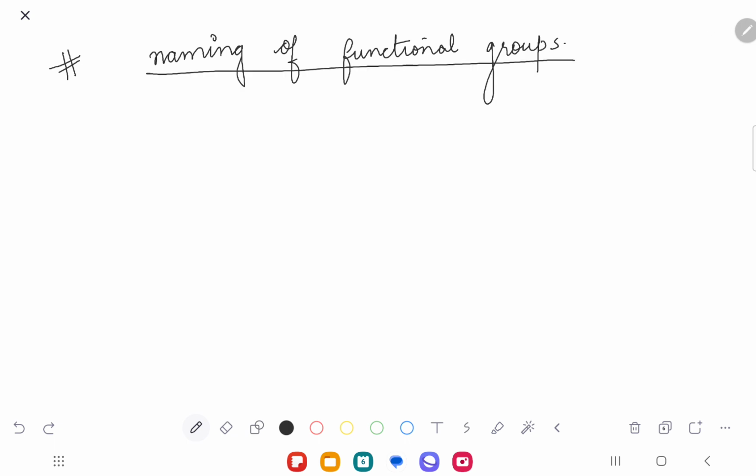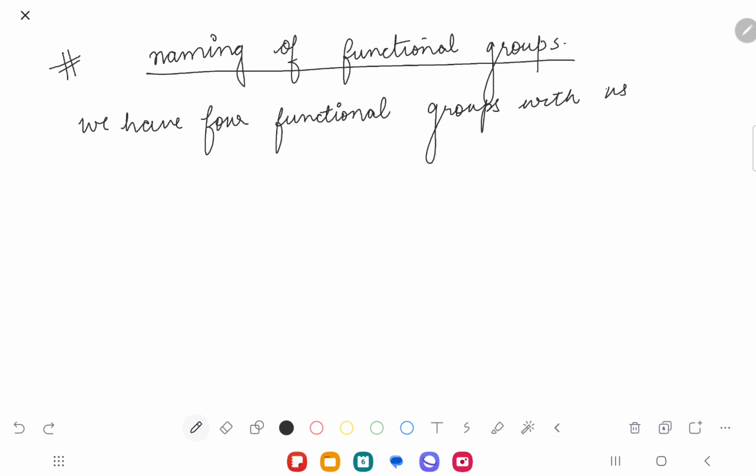So for example, the naming of the functional groups. So when we are talking about the naming of the functional groups, how do we name the functional groups? We have four functional groups with us. What are those functional groups?